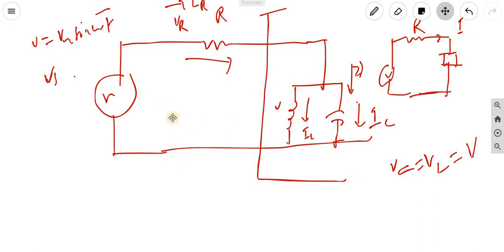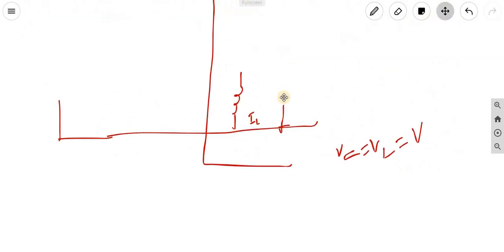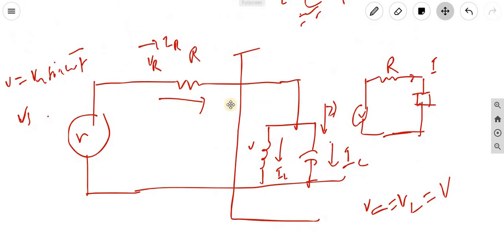Any one of them you can consider as a reference, but if you find a common element, it would be better and very simple, and the phasor will be easy to present. Otherwise, you can take any one as a reference.